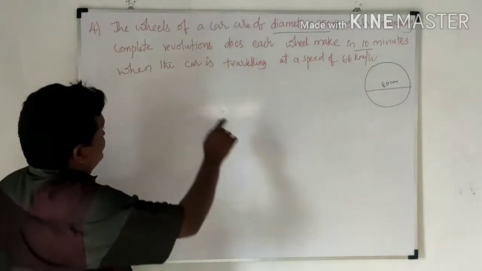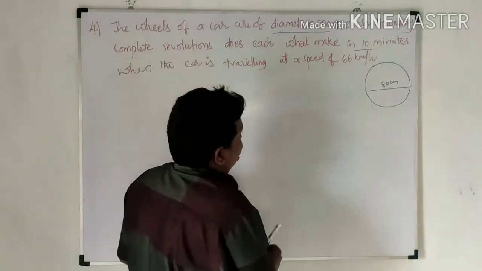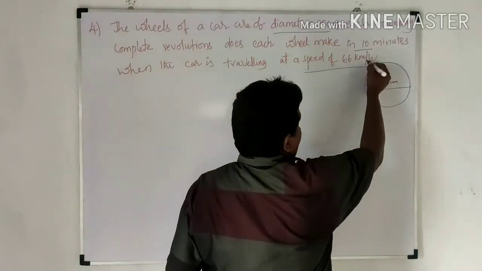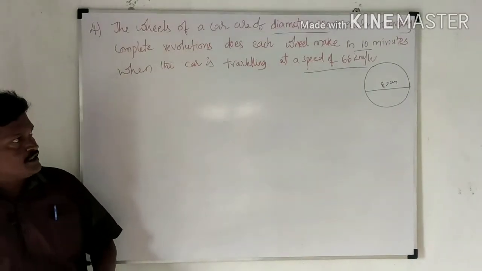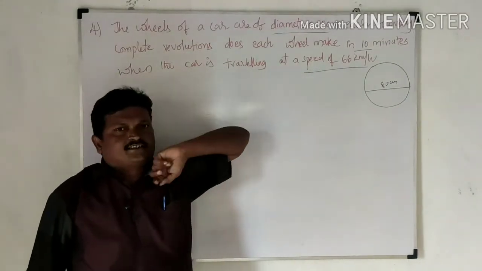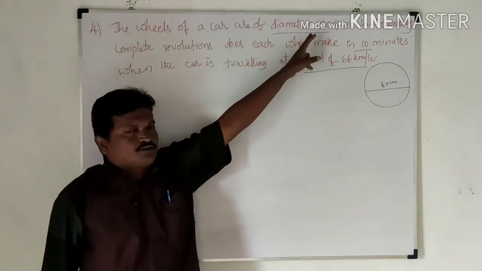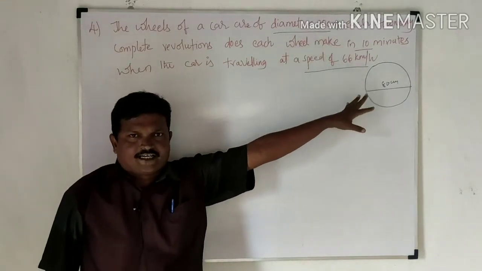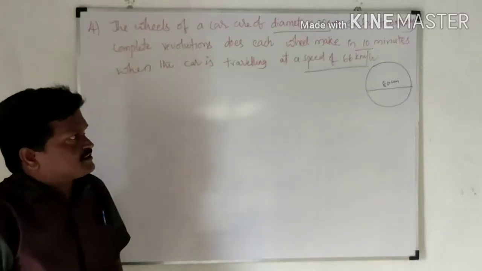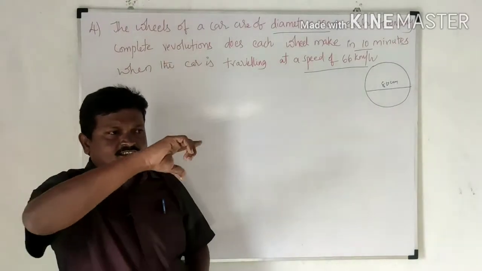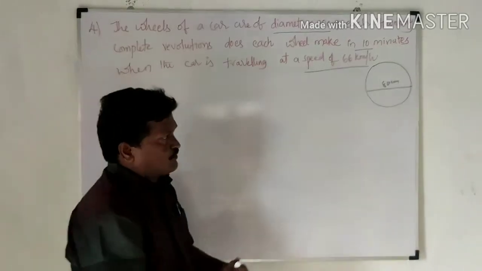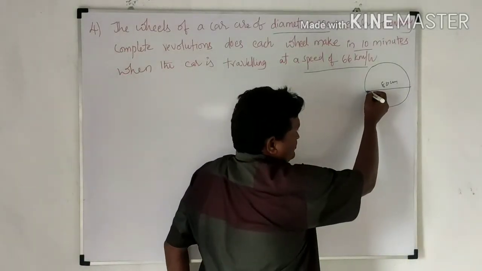Then the car is traveling at a speed of 66 kilometers per hour, which is also given. So in the question the diameter is given, and we have to convert the diameter into radius. After converting, see how much distance the wheel covers in one revolution. For example, we start from here.